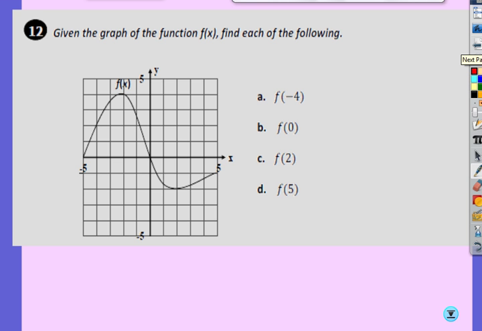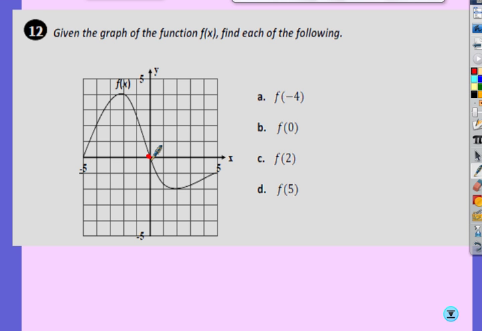Number 12. Given the graph of the function f of x, find each of the following. What you will need to do is take the value given to you and plug it in for x. Letter A, f of -4. You need to go to -4 on your x-axis. That is your origin point.